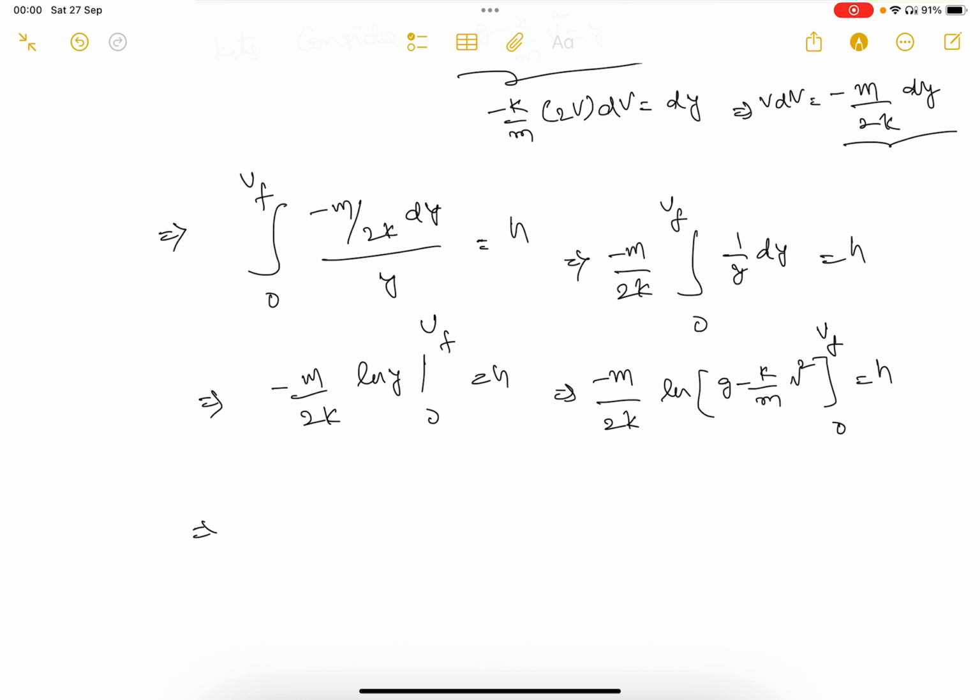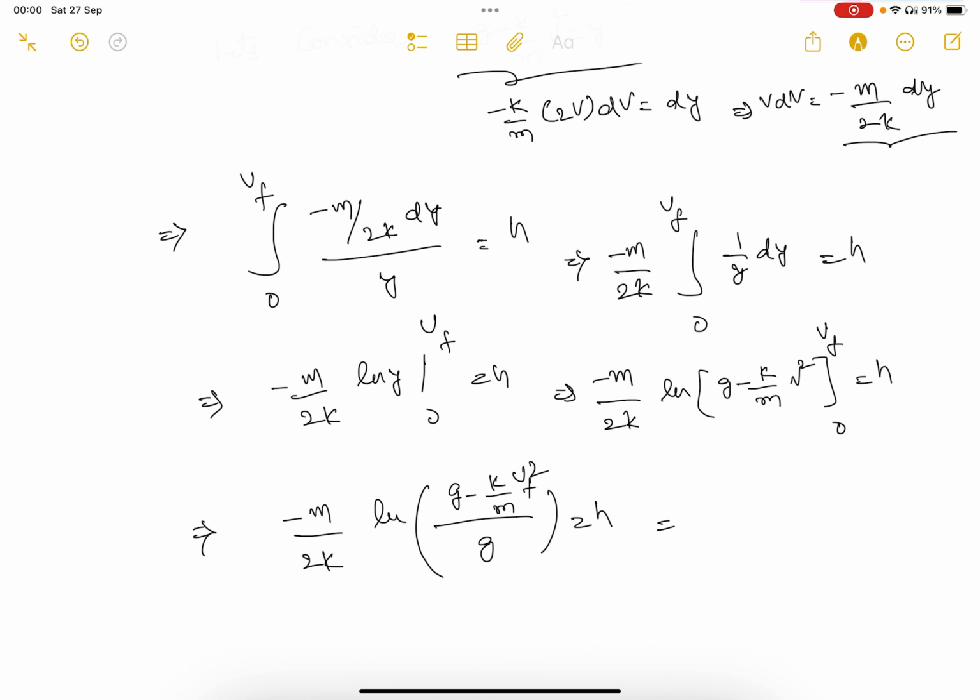Then this is minus m by 2k ln of g minus k by m vf square. Then when you substitute 0, k by m v square will be 0. Then we are left with g, which is equal to h.